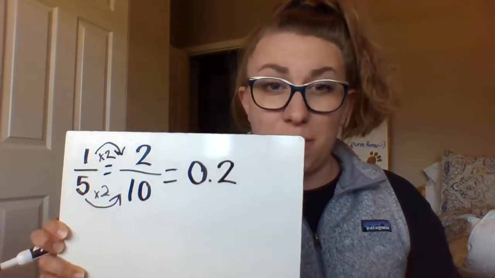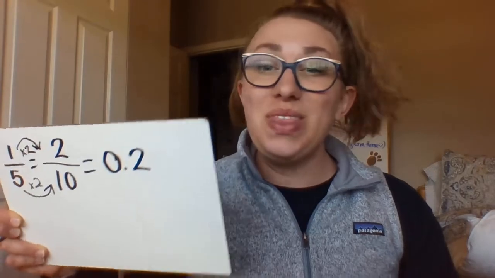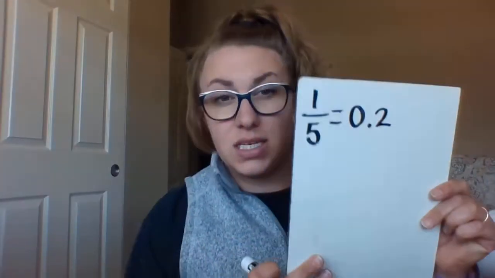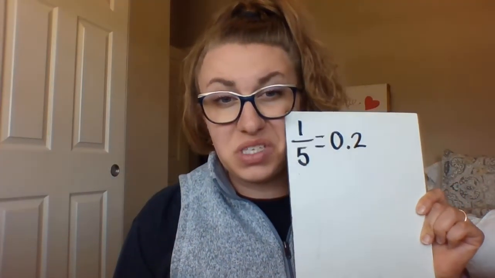So that's a common one you will see. What I want you to do here is, on whatever paper you're working on, find a section and write 1/5 equals 0.2, like this, like it's kind of like your little notes off to the side.